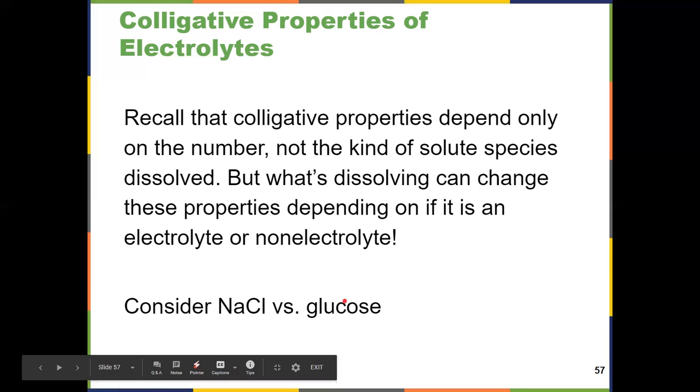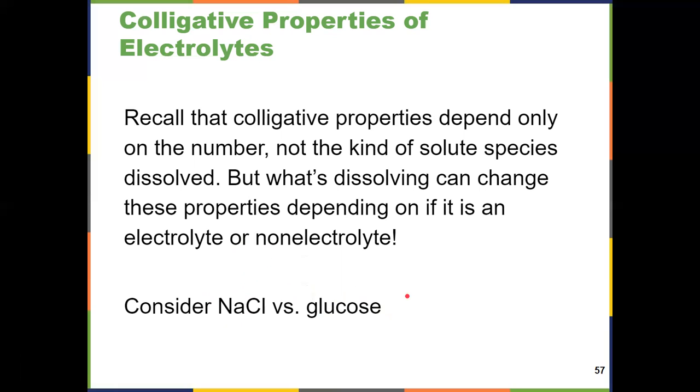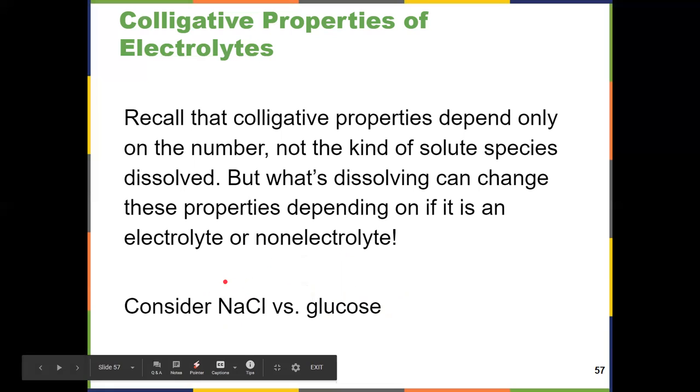They both dissolve, but sodium chloride dissociates, whereas glucose does not. This is an electrolyte, this is a non-electrolyte. Every time I take a single particle of NaCl and put it in solution, it breaks up into 2 solute particles, whereas there's just 1 glucose when it dissolves.